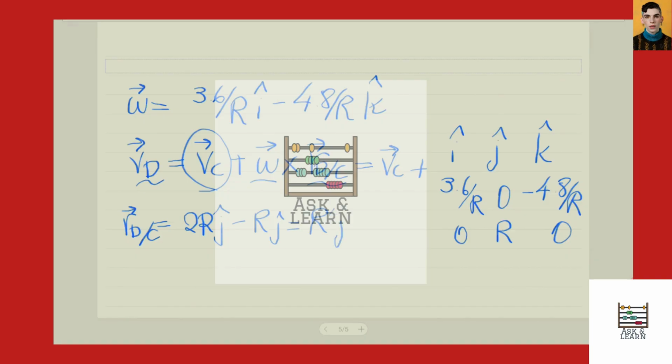I hope you can see the result of this determinant.